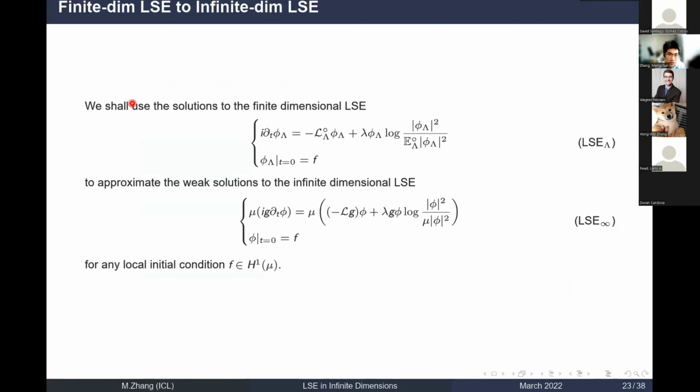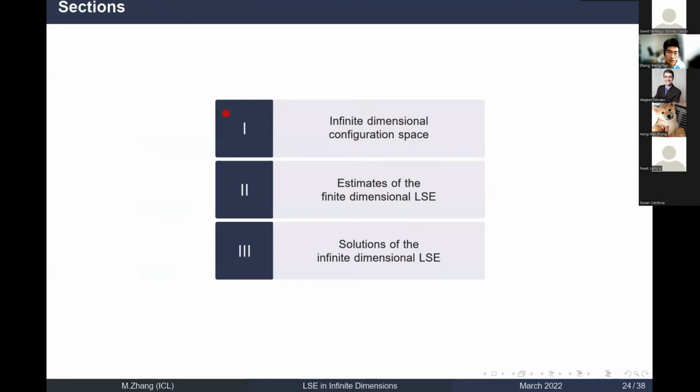What we want to do is use finite dimensional approximations of this system to approximate the solutions of the infinite dimensional LSE, this guy here, for any initial condition f in H^1(mu) which is localized in some finite volume. That's the main goal. Remember that our sections are structured like this, and we have already finished the first one.